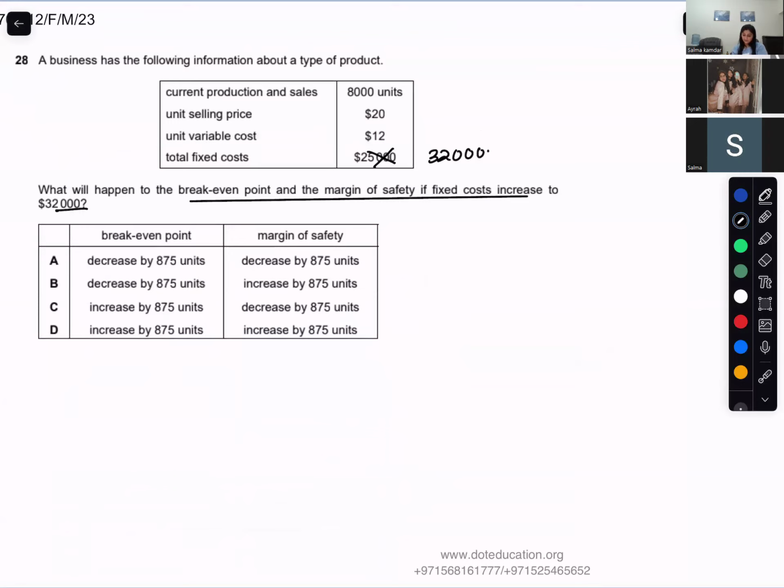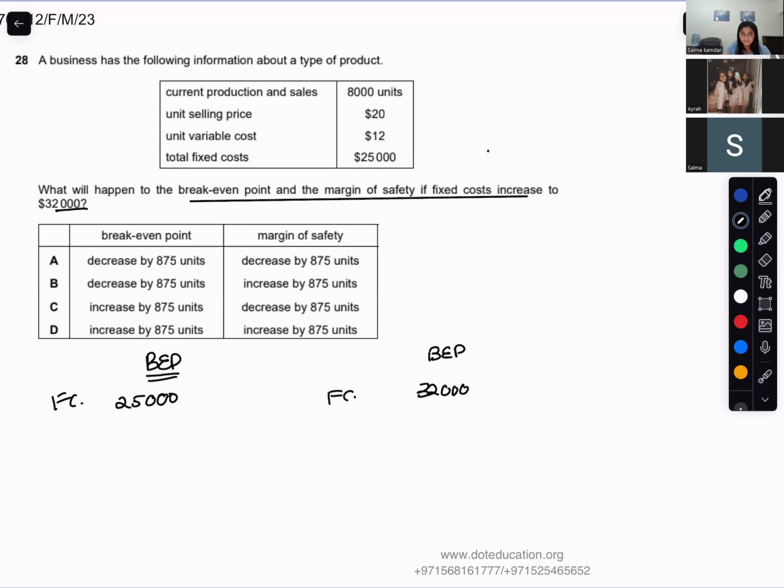So find the break-even point when your fixed cost is 25,000. And find the break-even point when your fixed cost is 32,000.